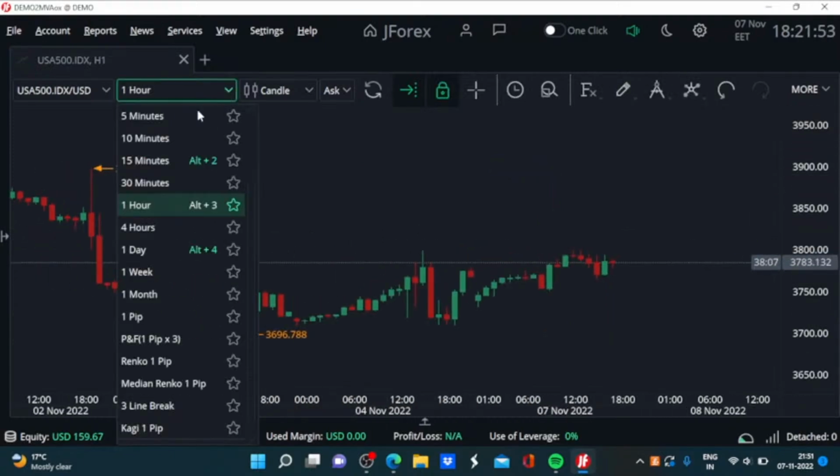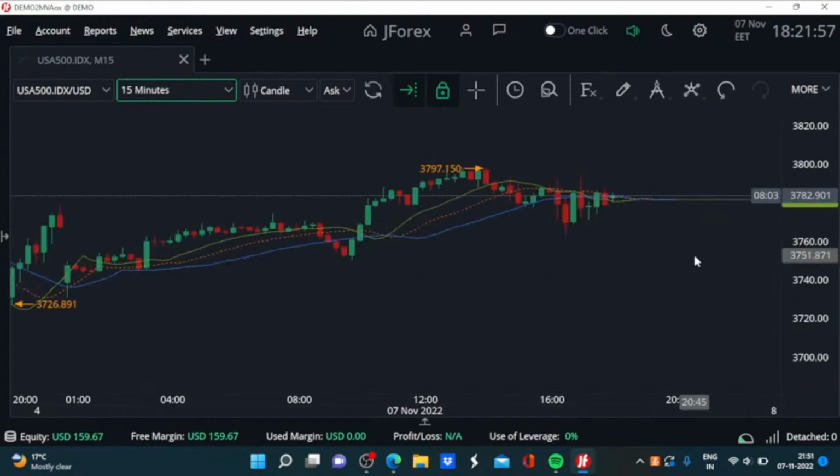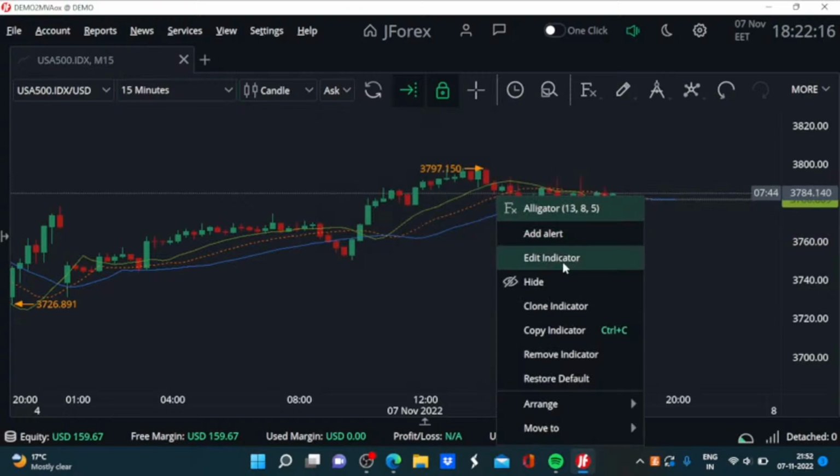So that's how this indicator can be further customized, if you want to work with situational analysis where you want to use multiple indicators on different time frames. You can opt for a particular indicator on a particular time frame, and on other time frames you can use another indicator.